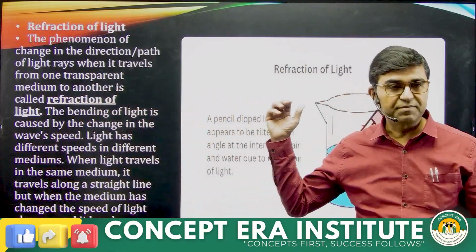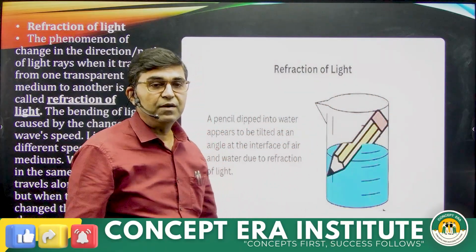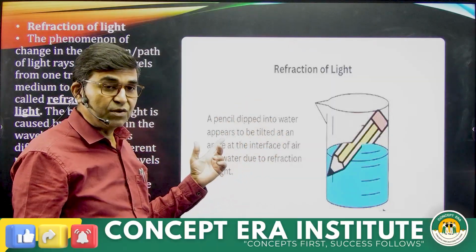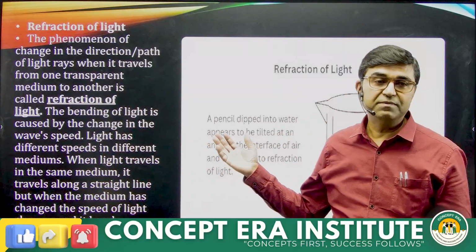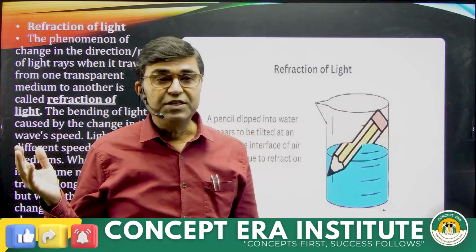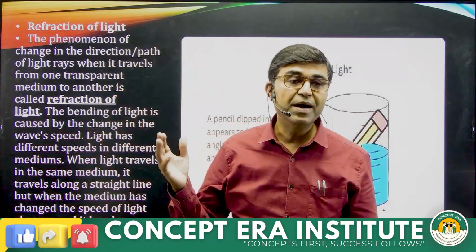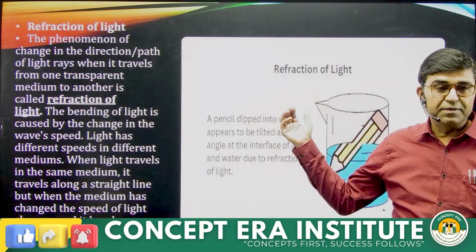What is refraction? Whenever light enters from one medium to another which have different densities. Now here, densities does not mean the physical density. It means the optical density. Optical density means the restriction or obstruction or resistance offered by that medium to the light.